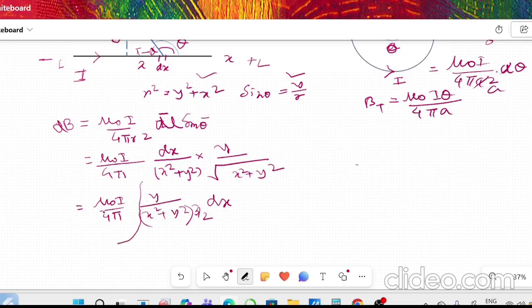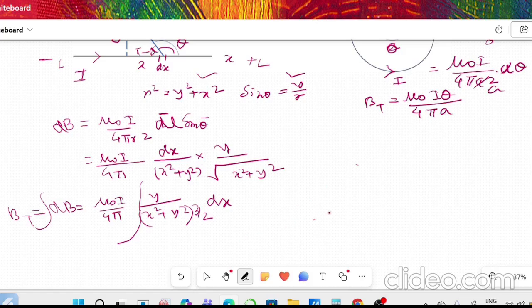So just take an integration here, the total magnetic field due to this current carrying conductor. Because it is x square, we can change the limits from minus L to plus L into 0 to L, and then a factor of 2 can be taken out here.